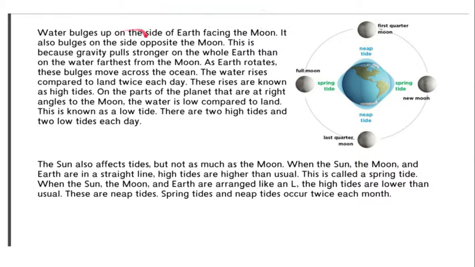It also bulges on the side opposite the moon. This is because gravity pulls stronger on the whole Earth than on the water farthest from the moon. So here are the bulges that they're talking about. And it says, as Earth rotates, these bulges move across the ocean. The water rises compared to land twice each day. These rises are known as high tides. On the parts of the planet that are at right angles to the moon, the water is low compared to land.